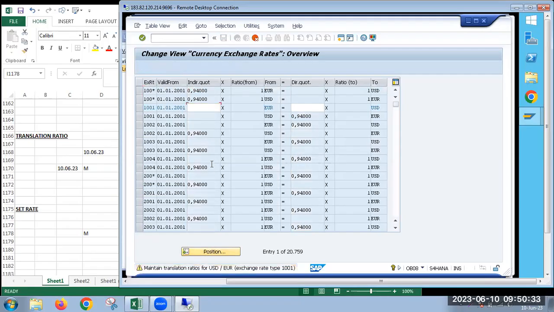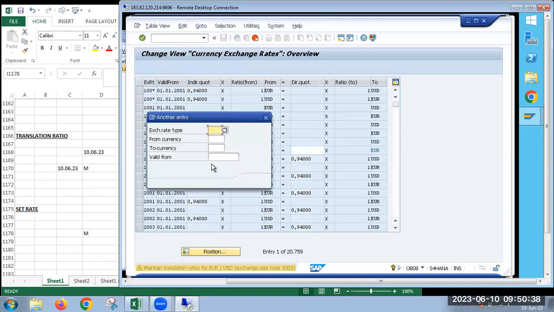See, some configurations are not complete, that's why it's coming like this. Exchange rate M from currency US dollar to INR with today's date, 10th of June 2023.